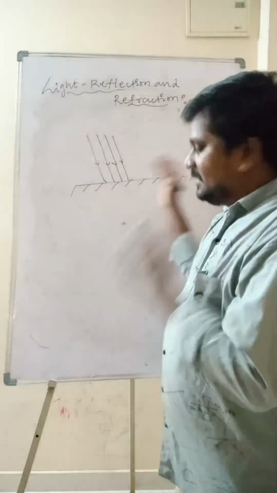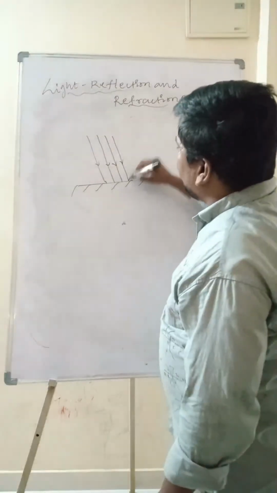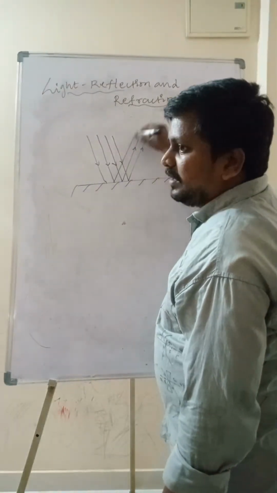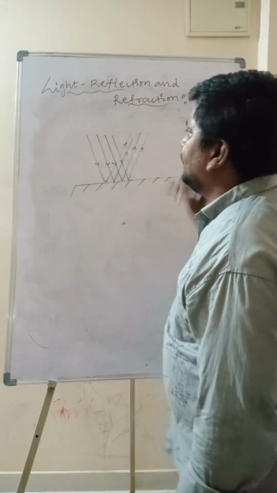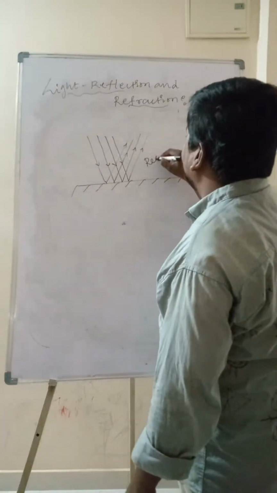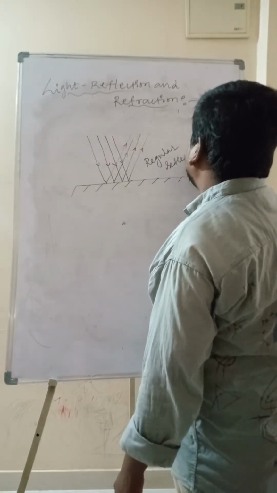So this is called the incident beam. The reflected beam is also parallel to each other. Like this I am considering the reflected beam, which is also parallel. This type of reflection is called regular reflection.